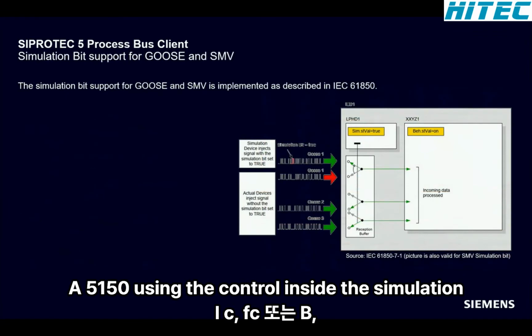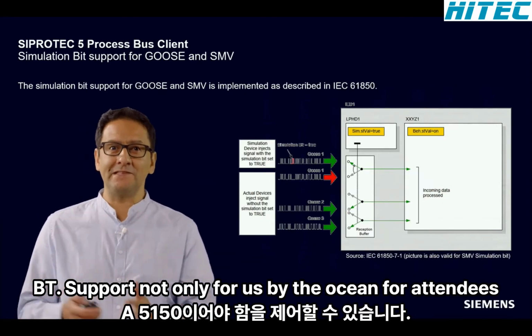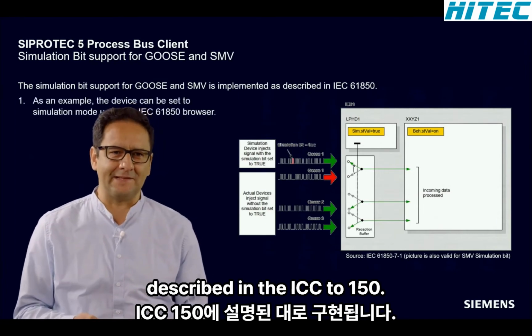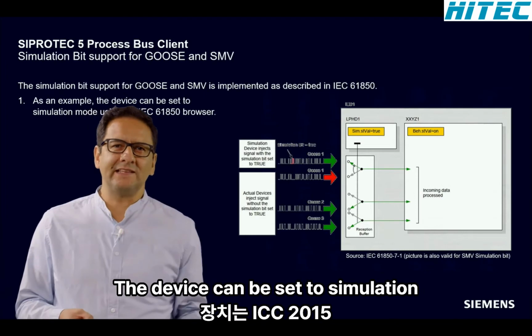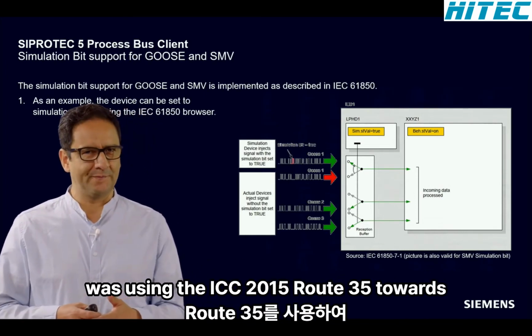As CProtect 5 supports the test bit, also the simulation bit is supported, not only for GUS, but also for SMVs, and it is implemented as described in the IEC 61850 standard. As an example, the device can be set to simulation mode using the IEC 61850 browser.